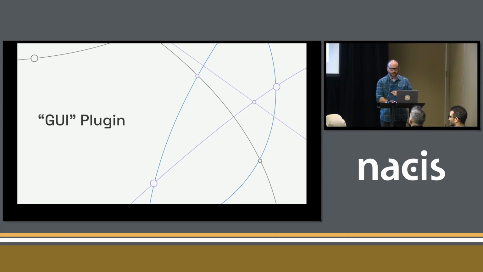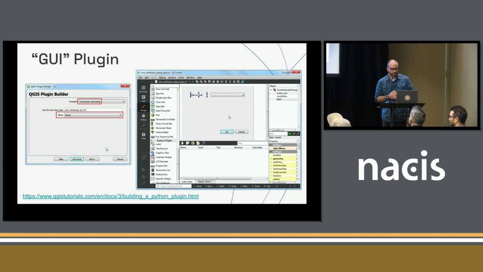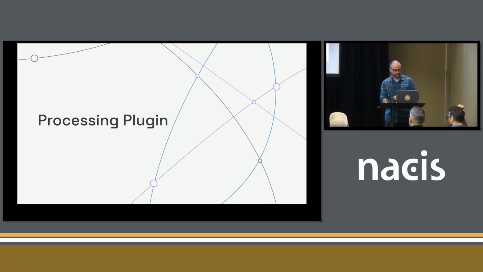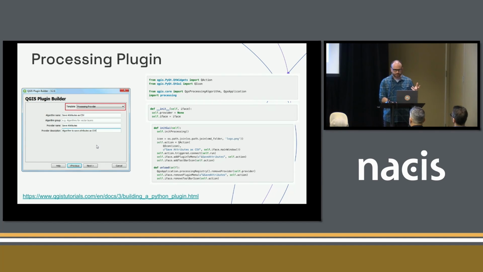If we go the GUI plugin route, then we have to work with this Qt Designer thing, because it puts the responsibility of managing the user interface for the plugin on the designer of the plugin. If we do a processing plugin, we don't need to worry about this visual way of designing our Qt interface.